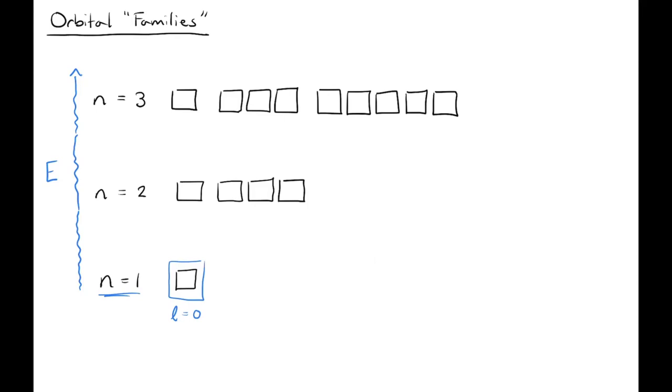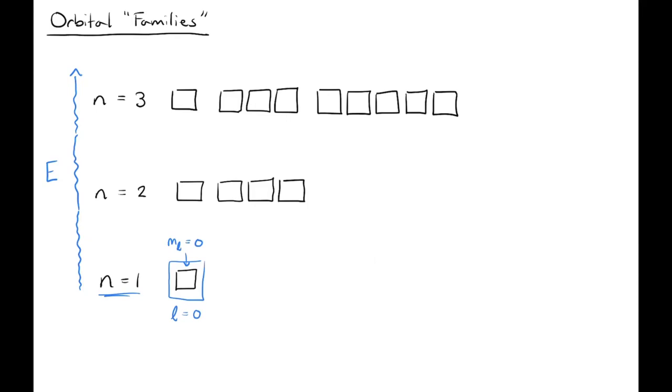If I was getting really specific, I could talk about the individual orbital here, and M sub L. Its possible values just consist of a 0 as well. So that would be the full address for the single orbital living in that first energy level. It has an n of 1, an L of 0, and an M sub L of 0 as well.